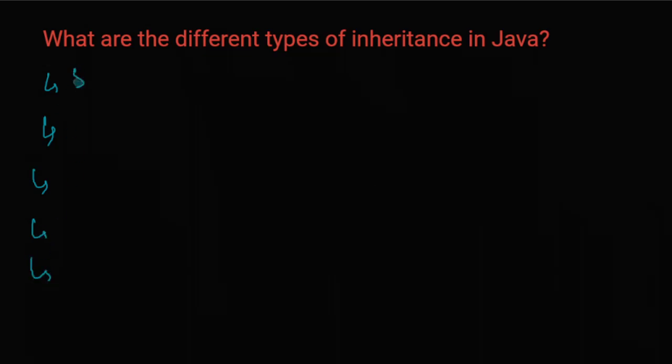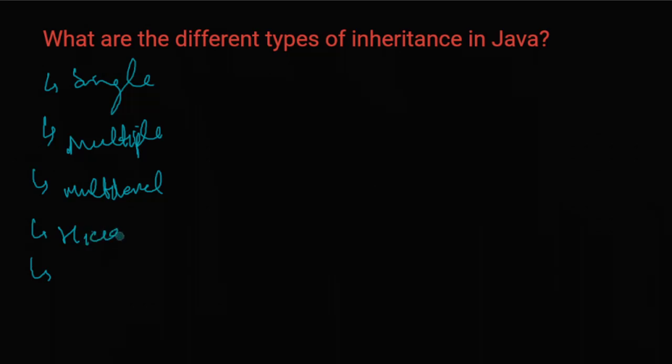Okay, first let's write out that single inheritance, then we have multiple, we have multi-level, then we have hierarchical, and we have a hybrid. So we have five types of inheritance there. And if asked which ones Java actually supports, Java supports single, Java supports multi-level, Java supports hierarchical, but Java doesn't support multiple and hybrid.